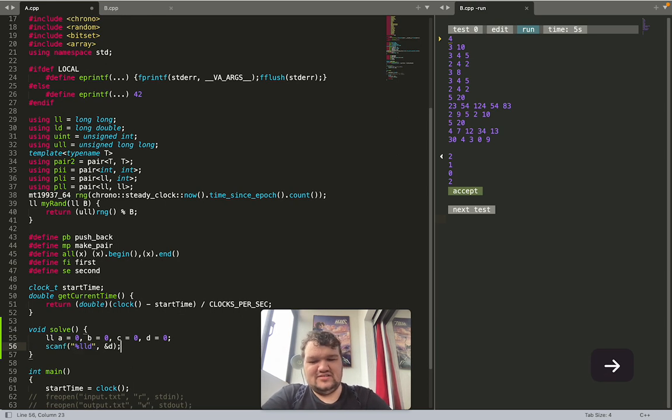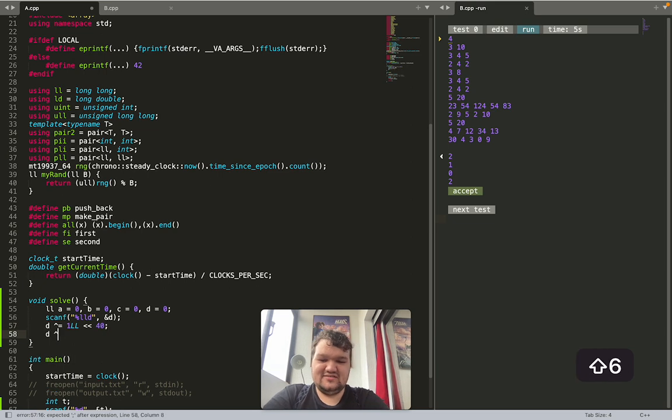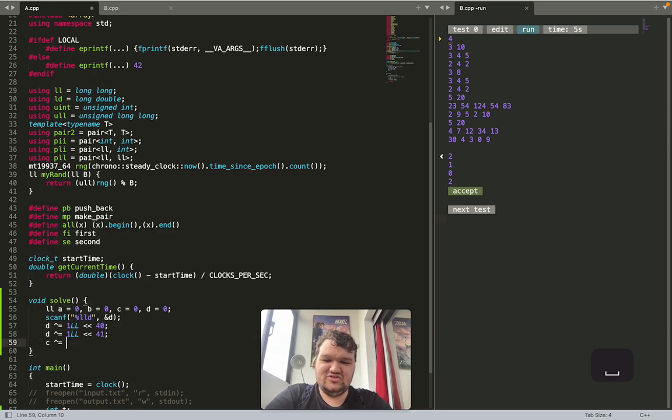So yeah, we'll say that D is equal to N, then turn on the 40th and 41st bits in D. Set C to be just equal to the 40th bit, and now I want A and B to be equal to the 41st bit.